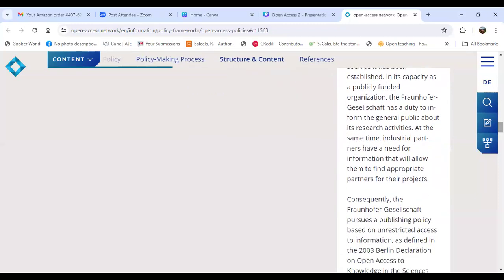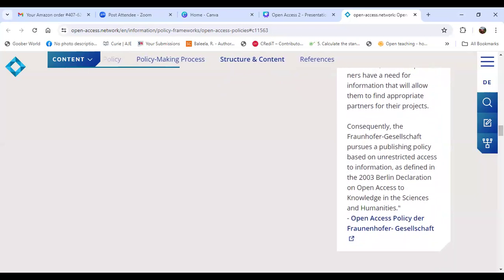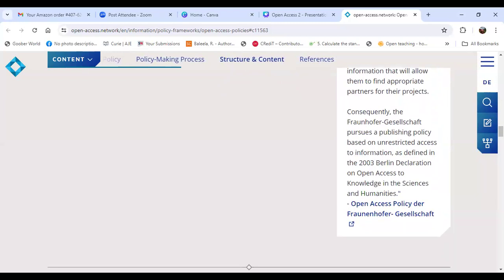Consequently, the Fraunhofer Gesellschaft pursues a publishing policy based on unrestricted access to information as defined in the 2003 Berlin Declaration on Open Access to Knowledge in the Sciences and Humanities. Okay, so this is part of this institution's preamble. So this is how you can word it. It can be different, definitely. You can use different wording here, but this is just an example.